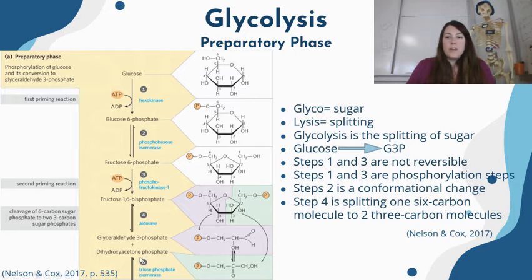So step 5 here uses the enzyme triose phosphate isomerase to convert the dihydroxyacetone phosphate, one of the 3-carbon molecules, into a second glyceraldehyde 3-phosphate, the G3P, so that at the end of step 5, there are two G3P molecules.